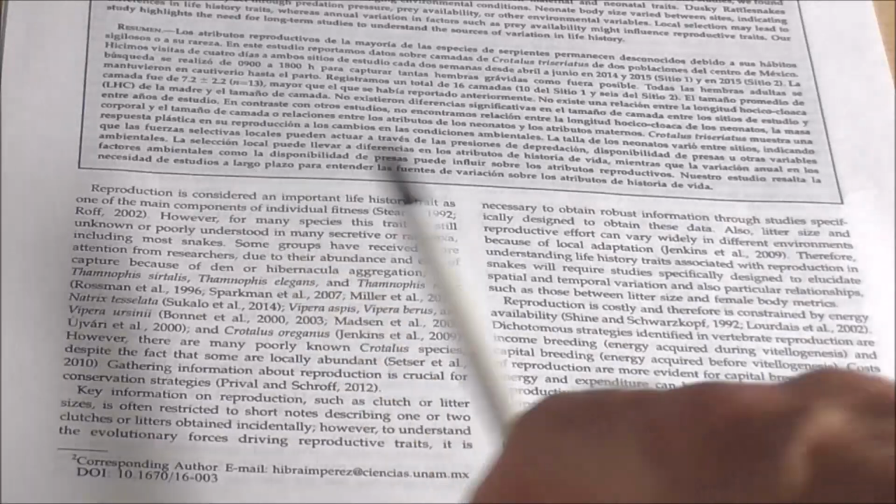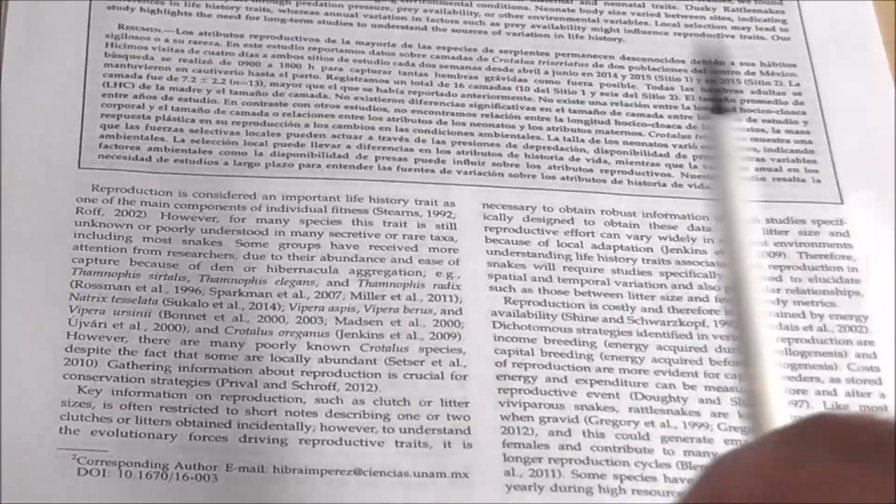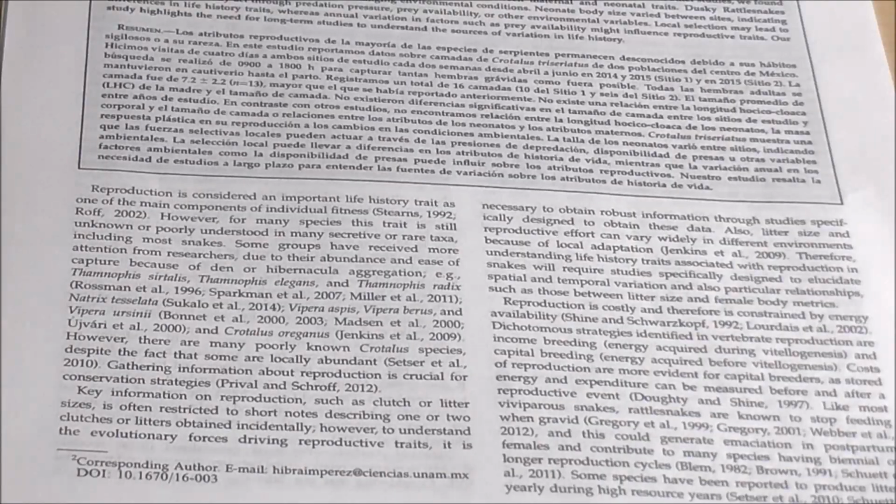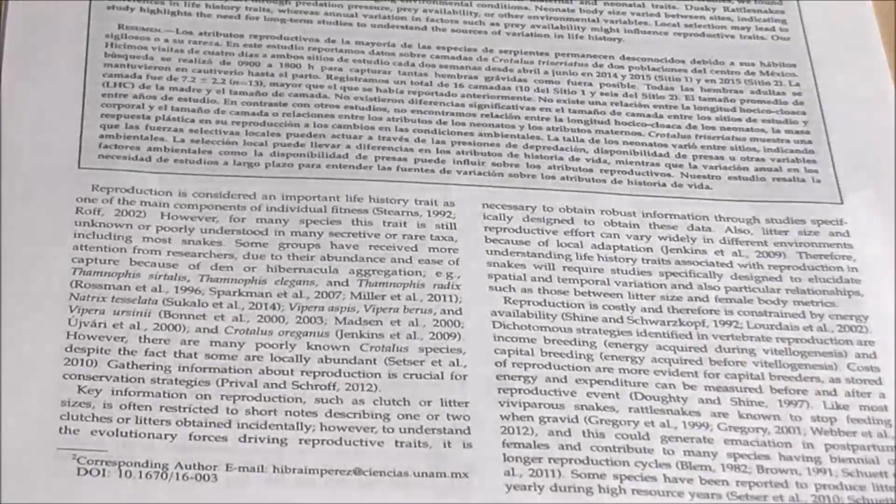Now, this can have broad range theories and issues in science. For example, here, reproduction is considered an important life history trait as one of the main components of individual fitness. And then, of course, it gives the reference to the paper that idea has been expressed in.